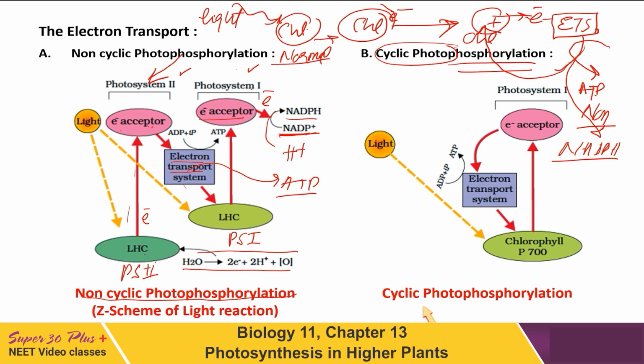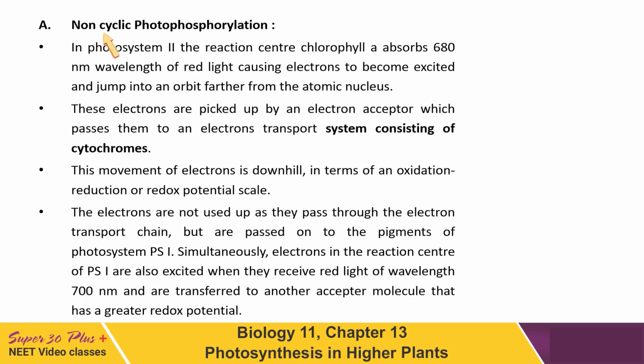While in cyclic photophosphorylation, the electron, you see here, has arisen, will go to the electron transport system and will be back. It will generate only ATP, and here NADPH2 will not be formed. That will release oxygen here. It will make ATP. Is it clear? Now we have to see the detail of this.